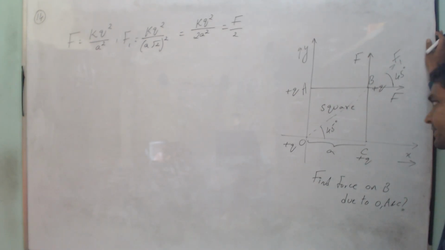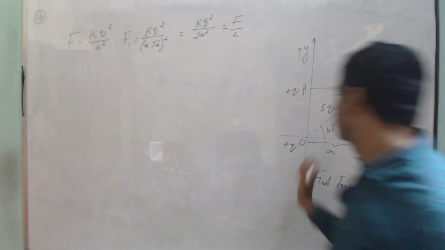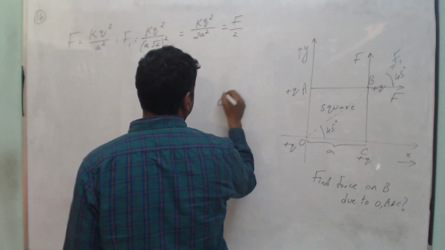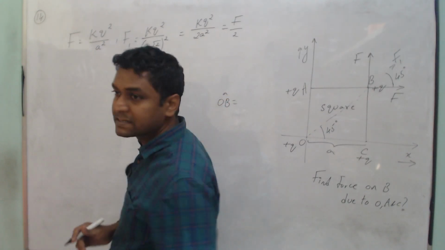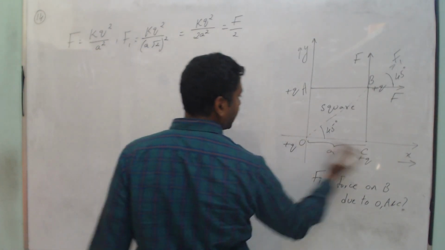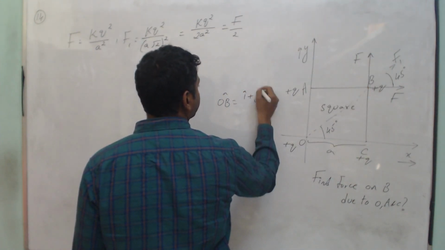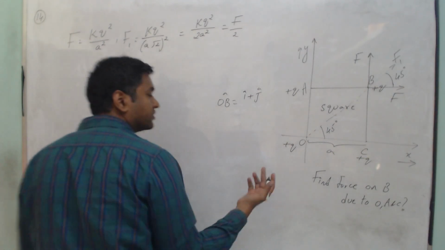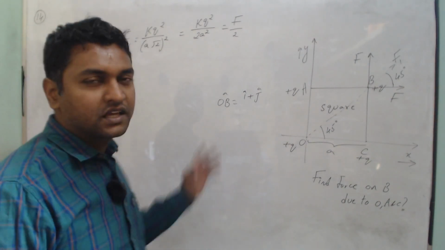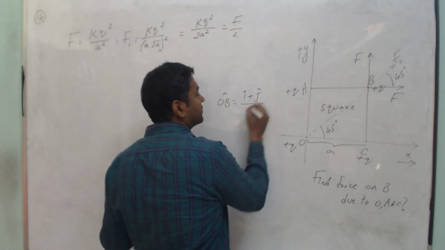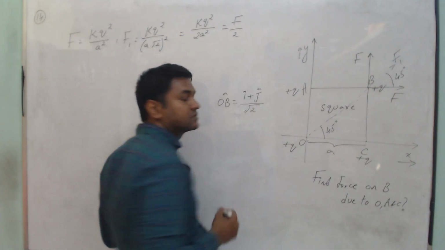Yes, sir. Can you tell me the unit vector OB cap along that diagonal in terms of i cap and j cap? It is simply a i cap plus a j cap, divided by a root 2. A gets cancelled.